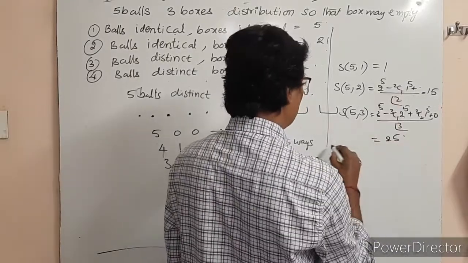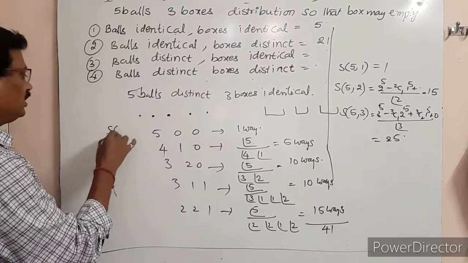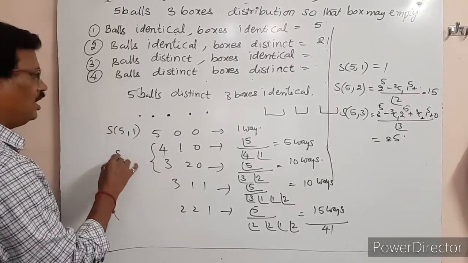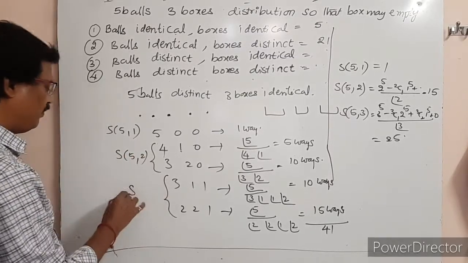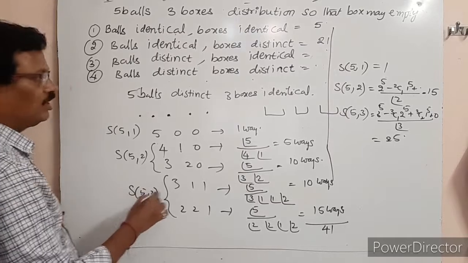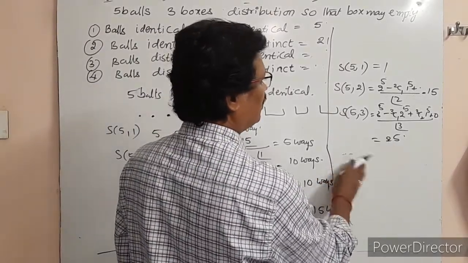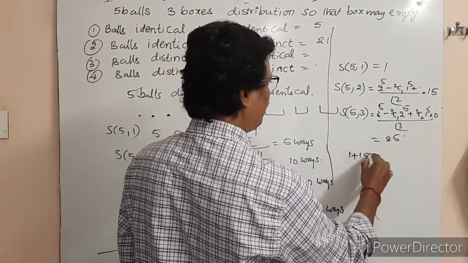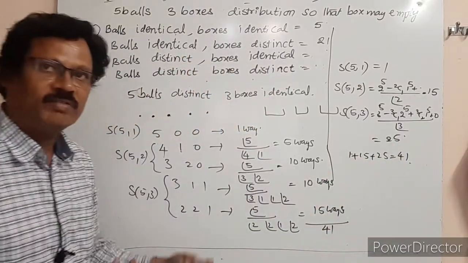Therefore total number of ways: this is 5,1, and these two are 5,2, and these two are 5,3. Therefore the sum of all this, 1 plus 15 plus 25, this is the 41.